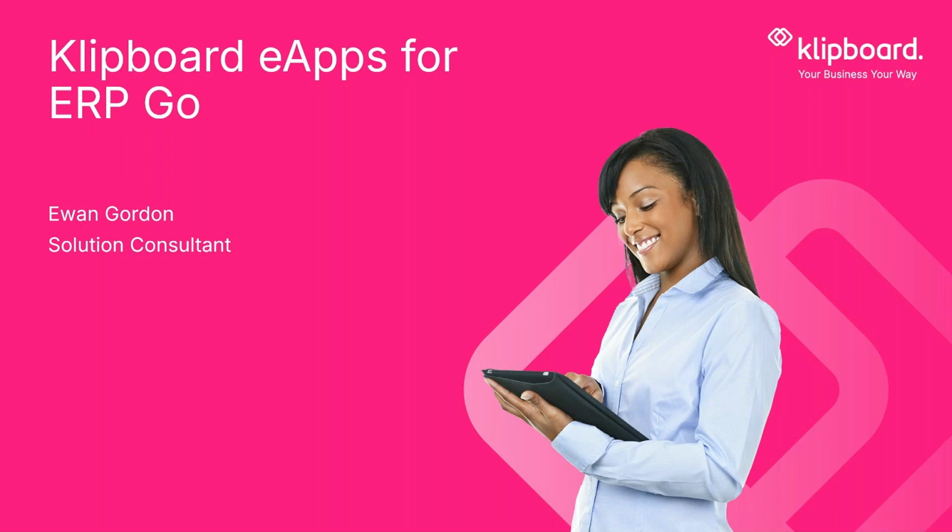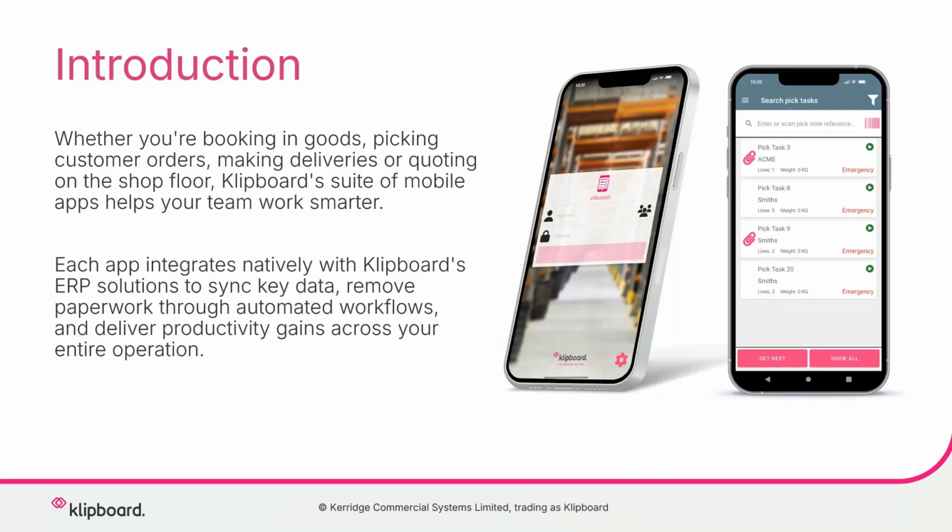But firstly, I would like to do a bit of an introduction as to what we are going to focus on today. Klipboard has a suite of apps, and we will focus on the following apps. That will be our ePick, our picking app, our receipting app and our eStock check app.